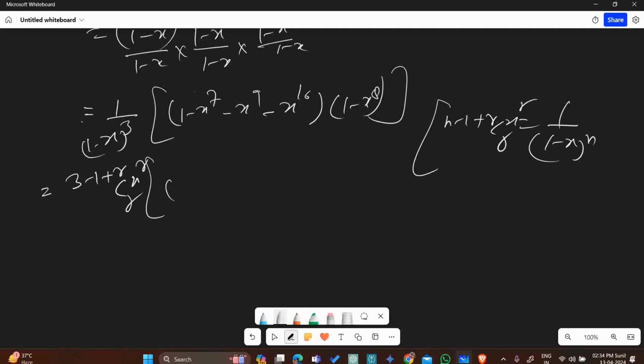And this is 1 minus x^7 minus x^9 minus x^16. This is greater than 11, so this is discarded, and this is also discarded, so we will not consider it here.